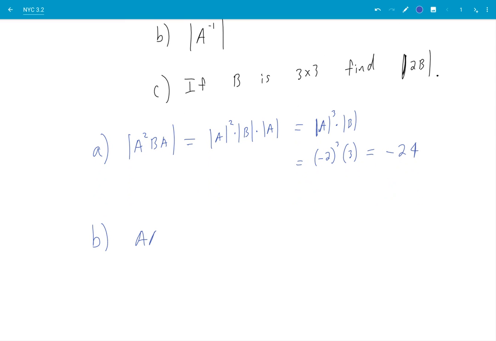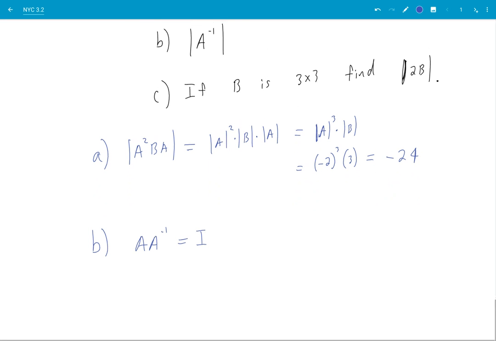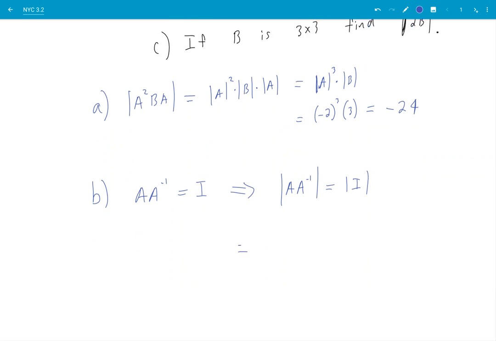We first notice that A times A inverse is the identity matrix. All right. That's what the inverse means, right? Now we apply the determinant to both sides. And we use our theorem to help us isolate what we want. Now, what is the determinant of I?